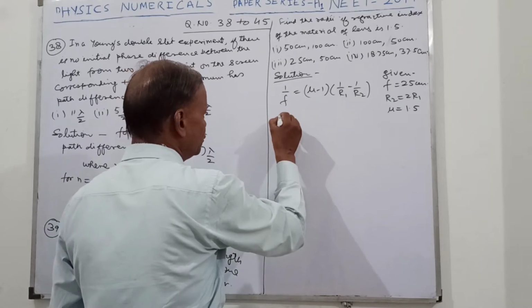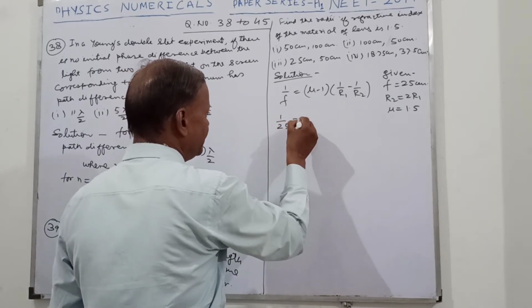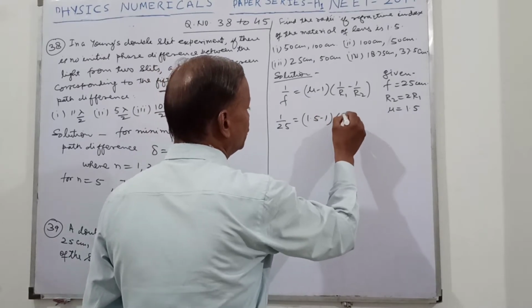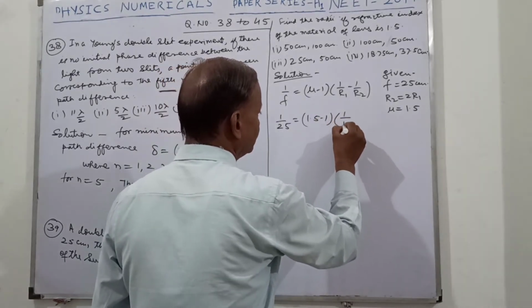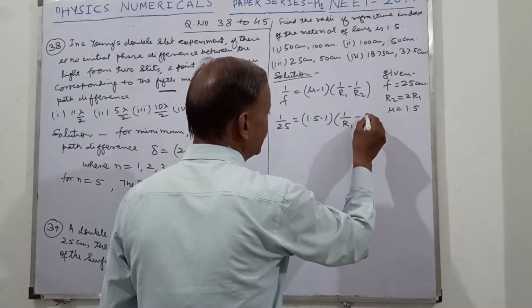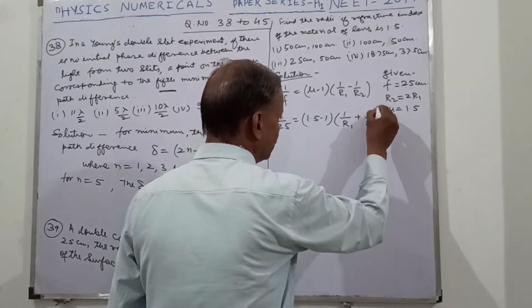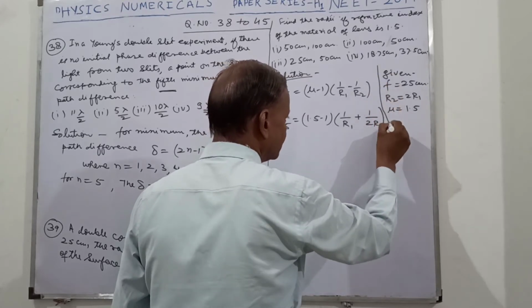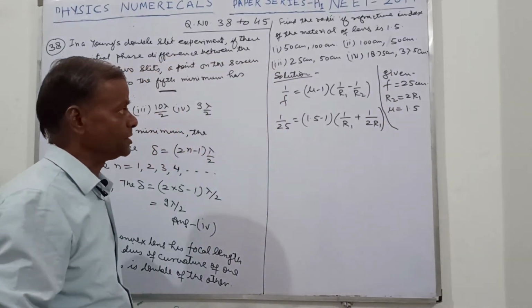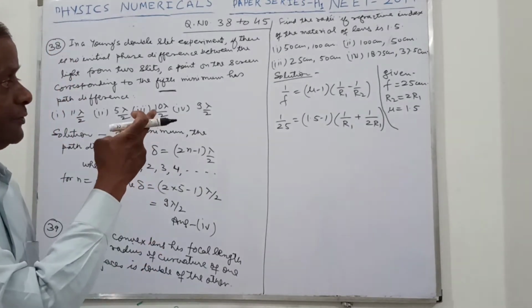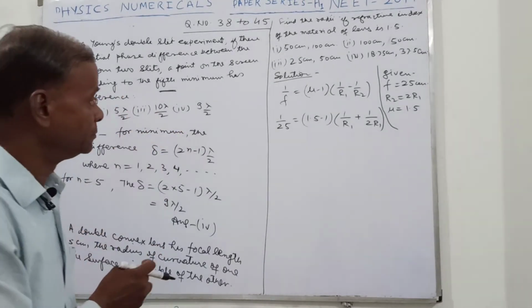So this is 1 upon 25 equals (1.5 minus 1) into (1 upon R1 minus, so this will be plus 1 upon 2R1). Plus is why? Because the second radius of curvature is always negative. So negative and negative will make it positive.